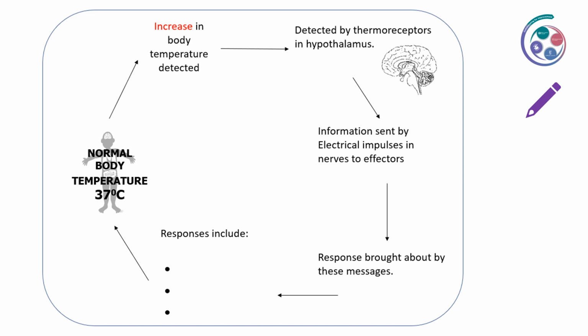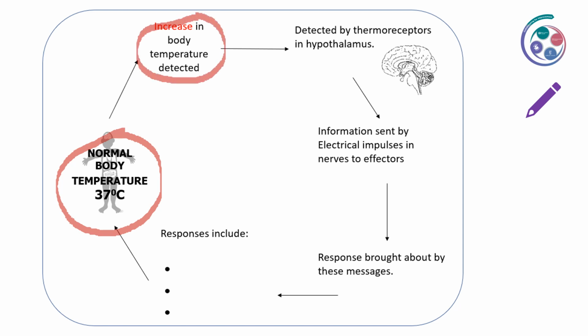Let's have a little overview of what would happen if there was an increase in body temperature. So we can see here that we have a normal body temperature of 37 degrees. Let's just say there is an increase in body temperature detected by your hypothalamus.